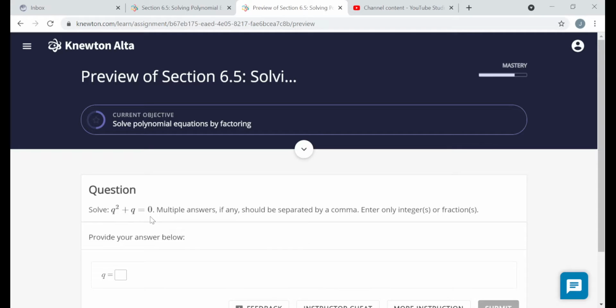Just be aware that in some questions you might not have 0 on one of the sides. So just make sure you're taking everything to one side so that you get 0 on the other side, and then simplify the polynomial, and then factor that polynomial. Just please be aware that they won't always be so nice to you as they're being so far.